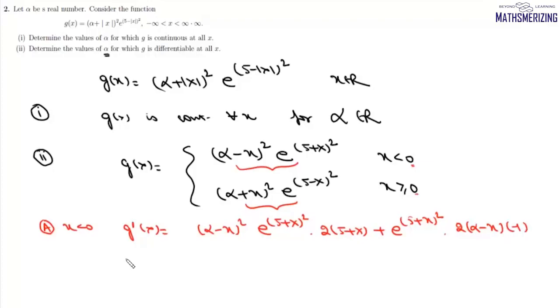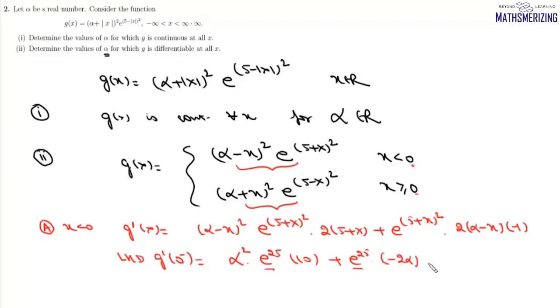If we find its left hand derivative at 0, which is g dash 0 negative, it will be alpha square into e^25 into 10 plus e^25 into minus 2 alpha.